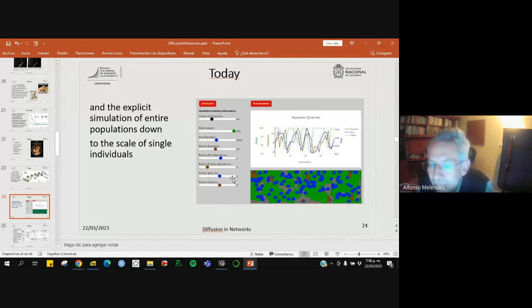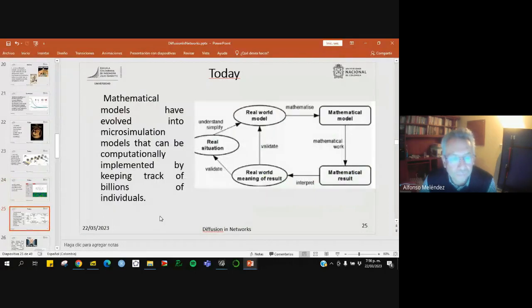It's a very active research area, okay? A very active research area. Mathematical models have evolved into micro-simulation models that can be computationally implemented by keeping track of billions, okay? Billions of individuals. This is new.